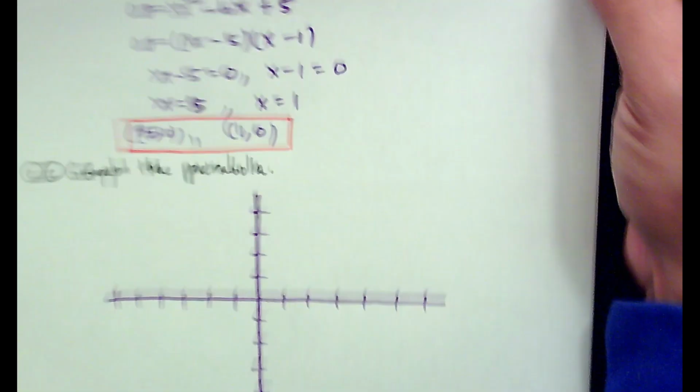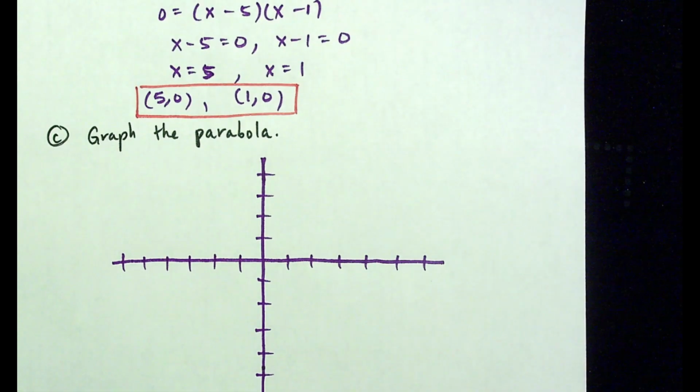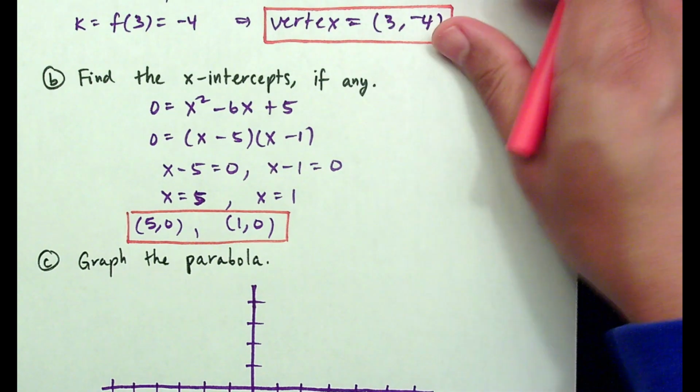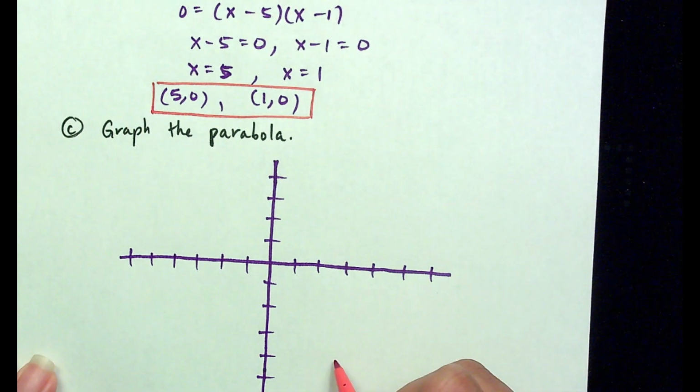So here are my axes. We have to plot the vertex and the intercepts. The vertex is (3, negative 4), so (3, negative 4) would be here. That's the vertex.